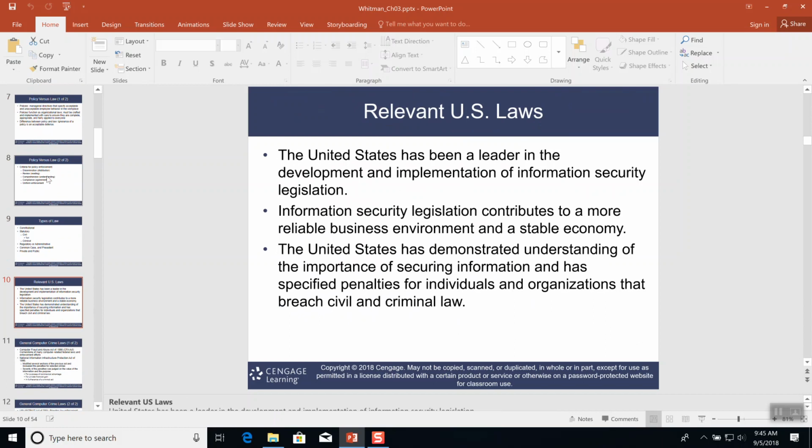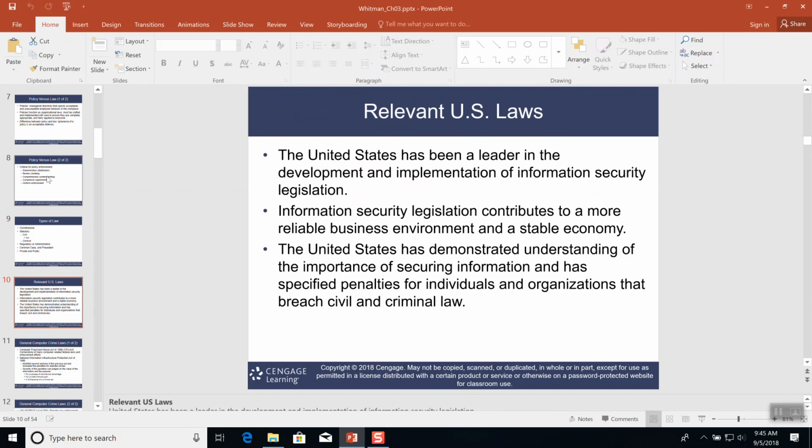Do you agree with that? If it's actually passed, do you think it contributes to a stable economy? Who's the worst abuser of information security and just in general software? China. Are they a stable economy?